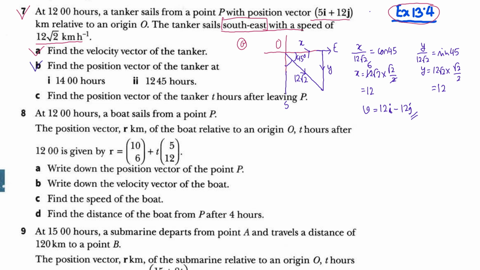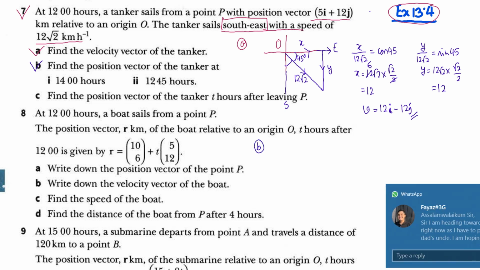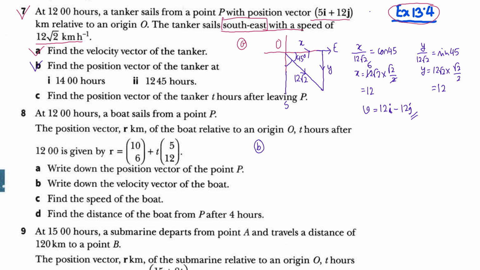Let me move to the second part of this question, B, and it is written here, find the position vector of the tanker at 14:00 hours. It means it just started at 12. So if we move to the 14:00, it means 2 hours we have to use there. If we subtract, then we got the 2 hours.